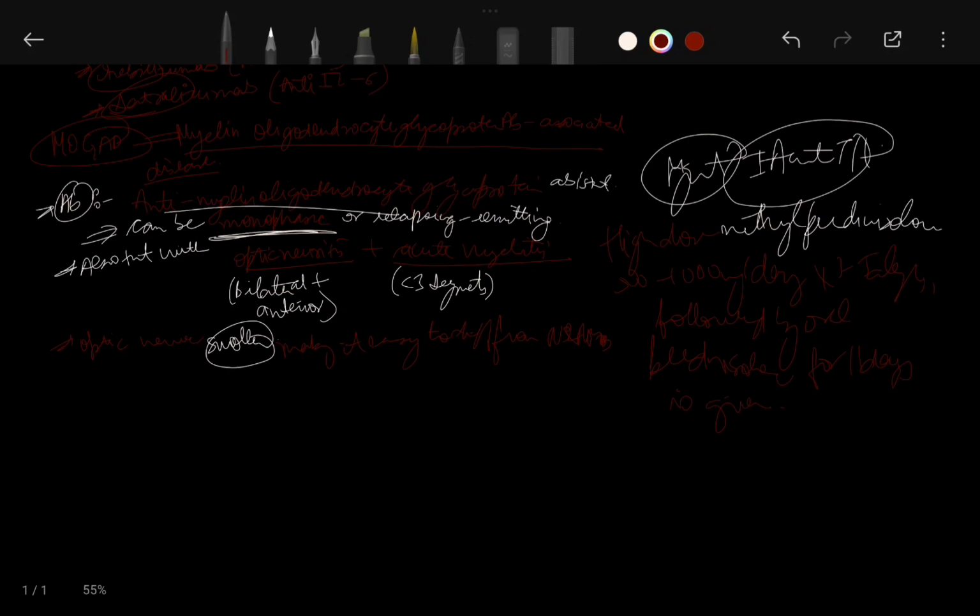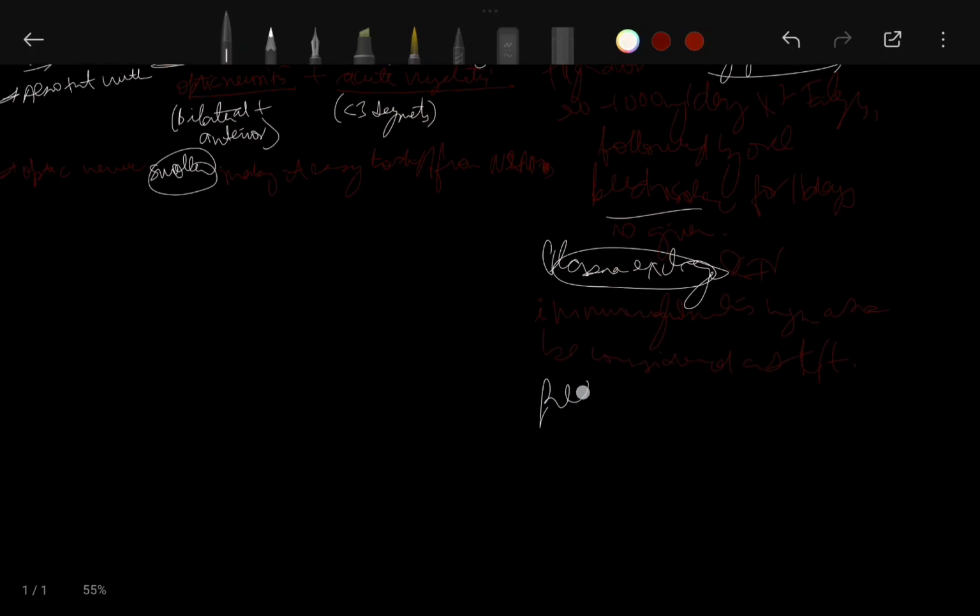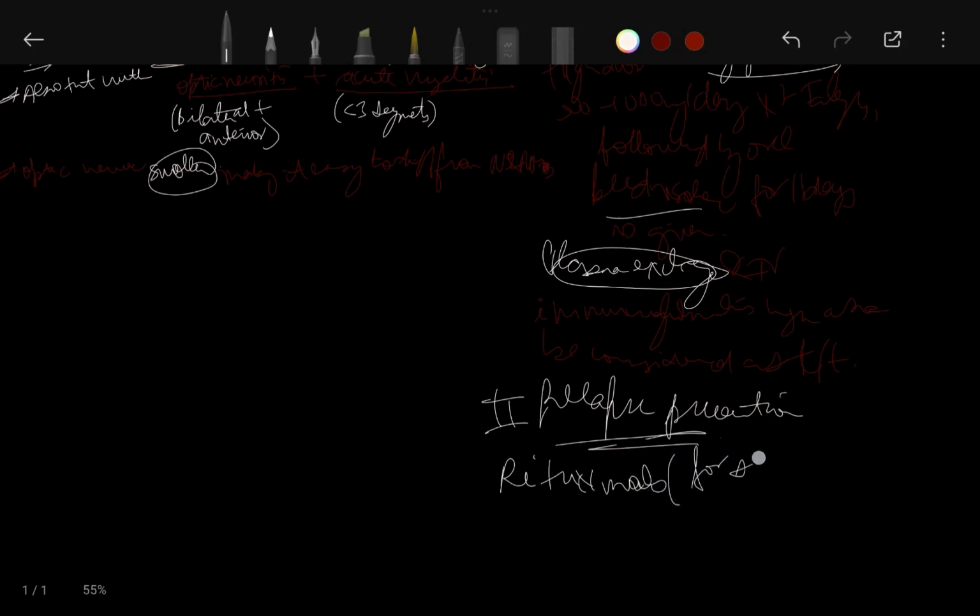Now plasma exchange and IV immunoglobulins may also be considered as treatment for relapse prevention. We can give rituximab for severe conditions. We can give rituximab and azathioprine.